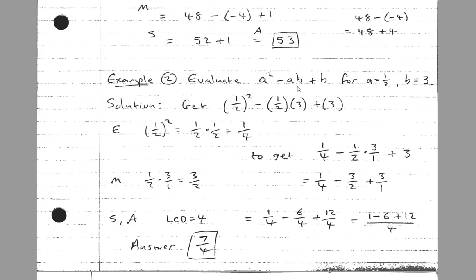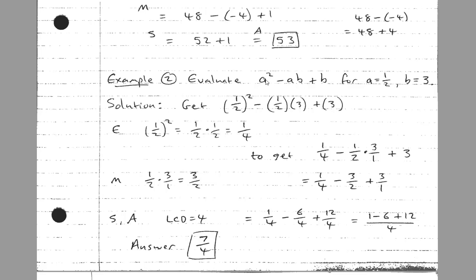Example 2. So now we have two variables and a fraction. Evaluate a squared minus ab plus b when a is 1/2 and b is 3. Okay, so just being careful here.